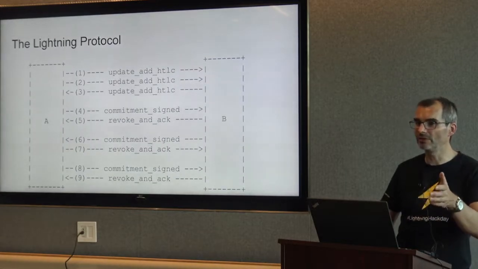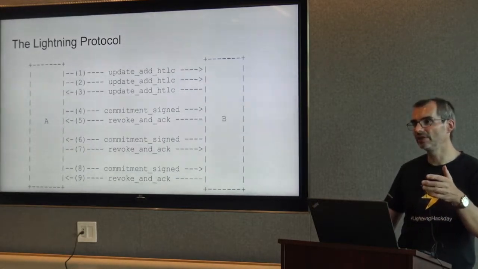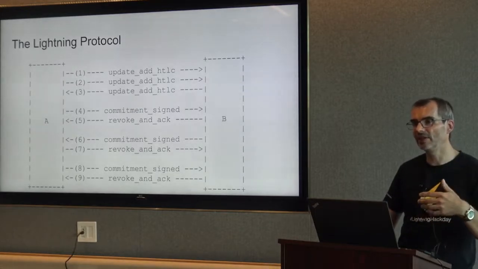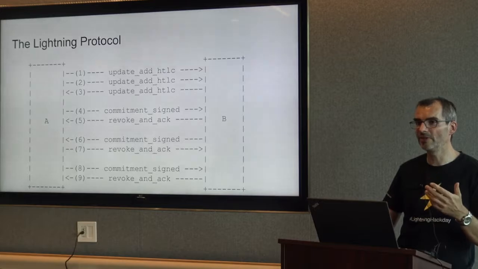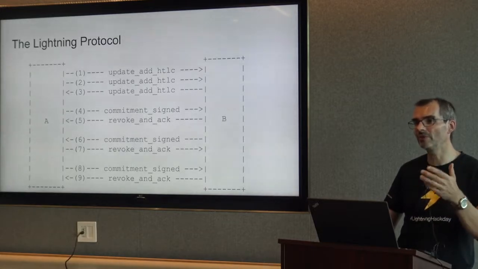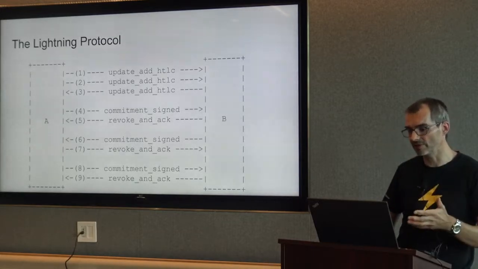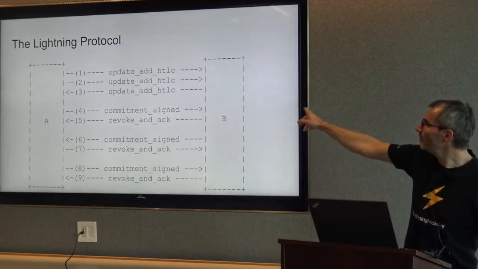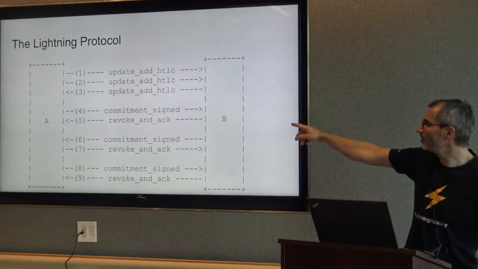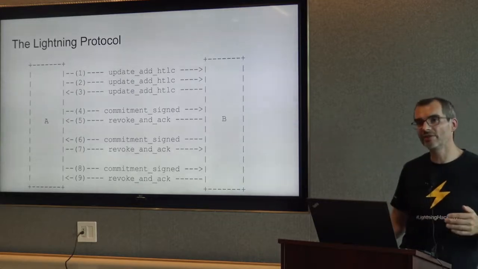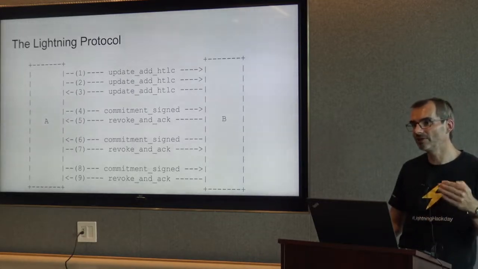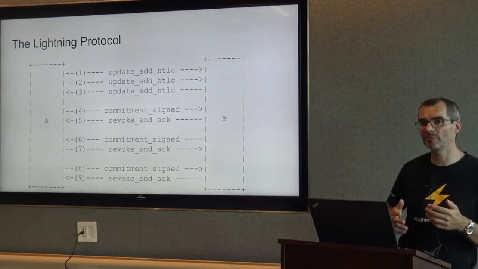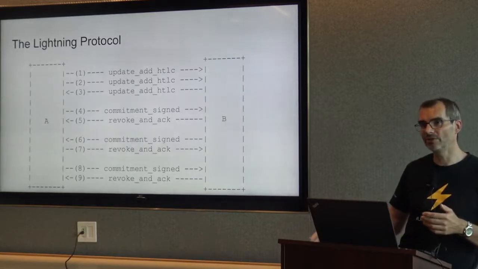And the protocol we use in Lightning is a batch protocol. You can send many updates, and you sign the updates, and you commit all the updates to the commitment transaction. So in this case, A and B have exchanged new payments, and when A signs, it will commit to the payments it has sent, and B will send an acknowledgement, which means it knows of these.